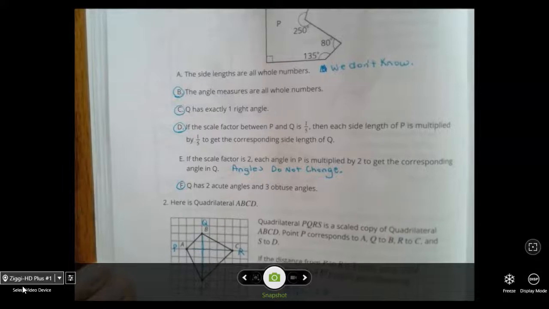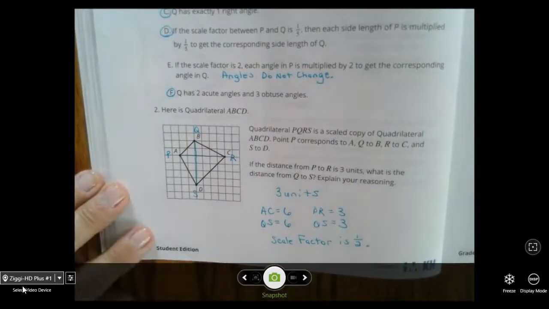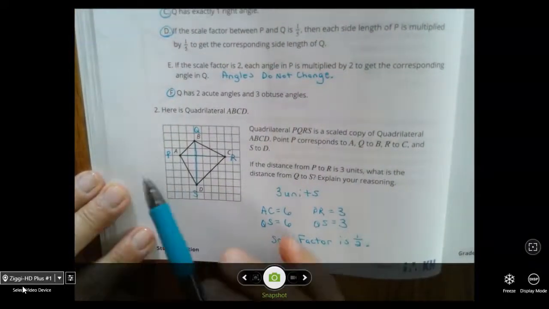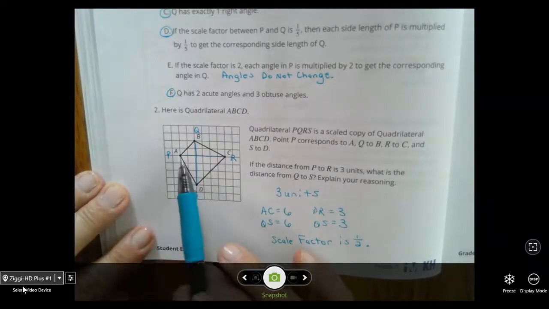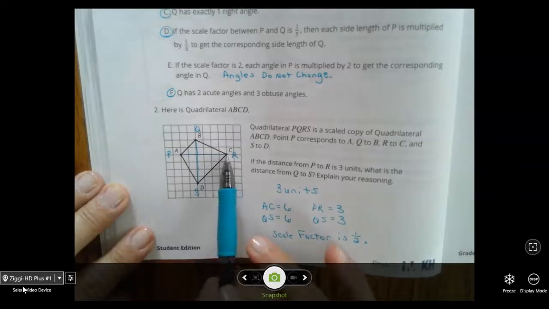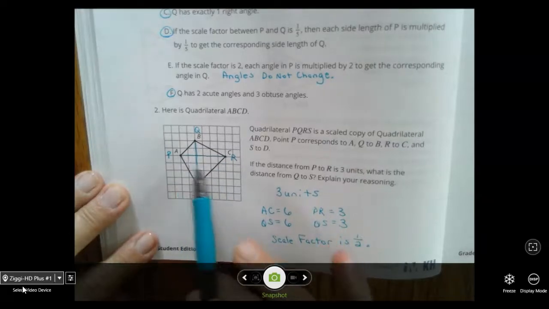Number 2, quadrilateral PQRS is a scaled copy of ABCD, and I just put PQRS so I'd remember which point went with which point. If the distance to PR is 3, it says, what's the distance from Q to S? Well, in this shape, P to R is 6 squares.